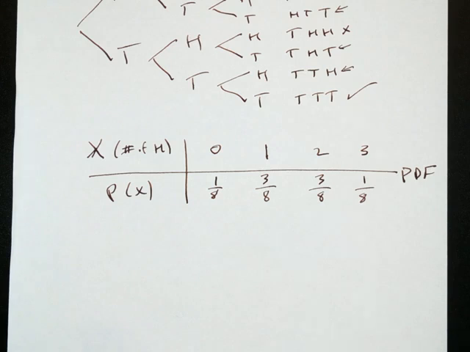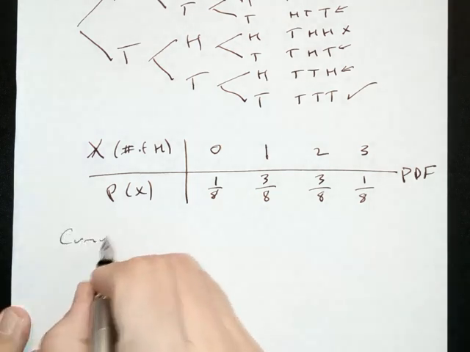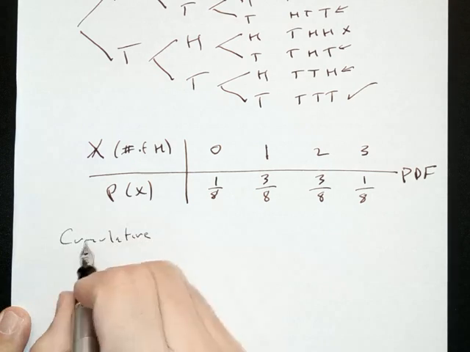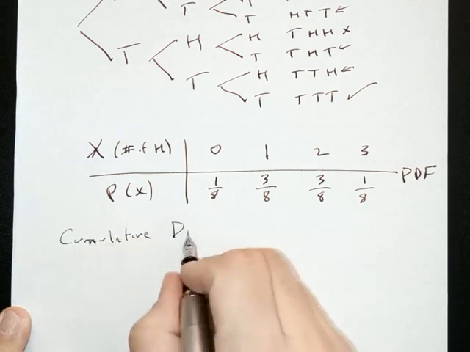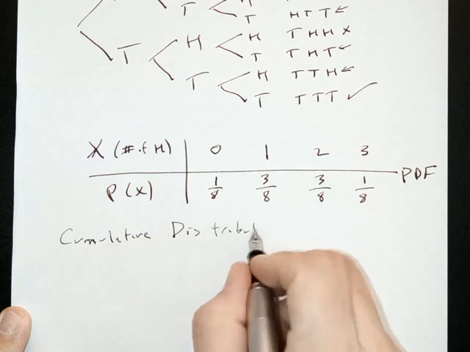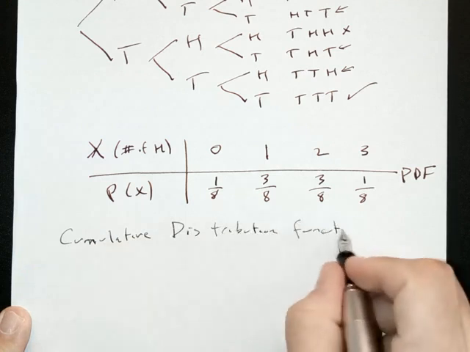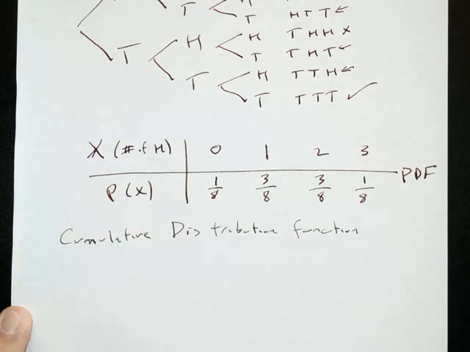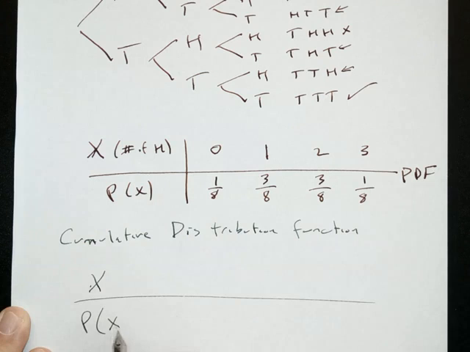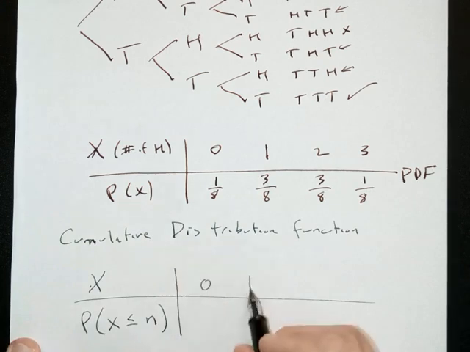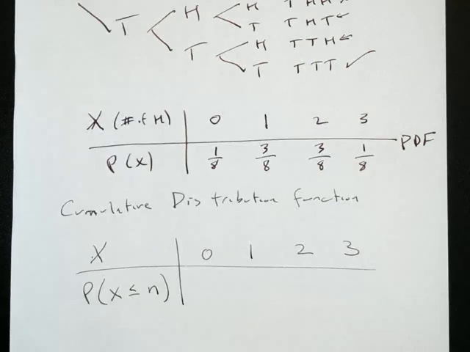So I could do another table that's called a cumulative distribution function. And instead of being P of X, it's the chance of X less than or equal to whatever our value is. And all it does is it adds up.